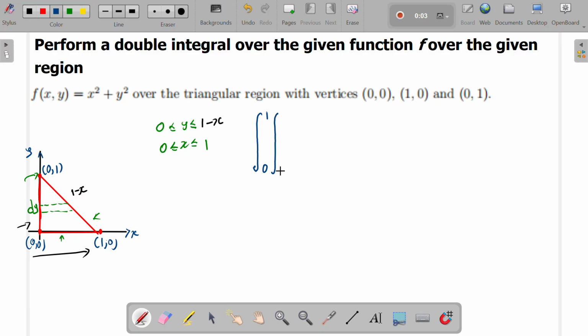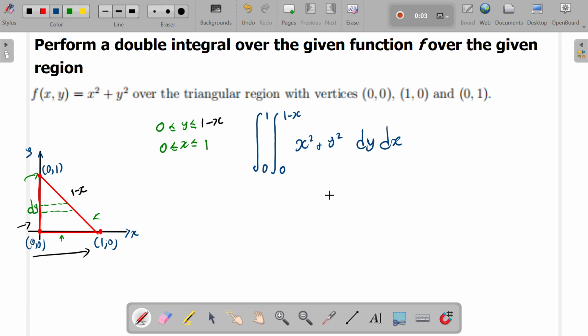Then the inside integral for y, that would be 0 to 1 minus x. Then our integrand is x squared plus y squared, then that would be dy dx, like that.